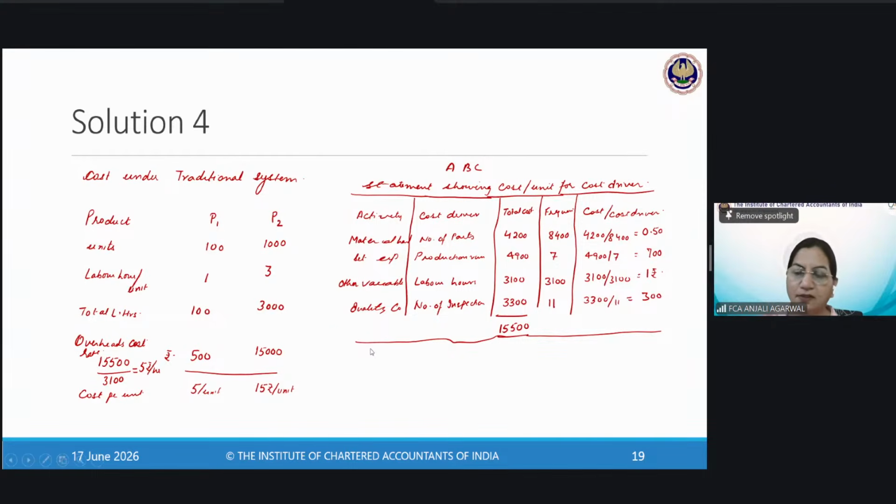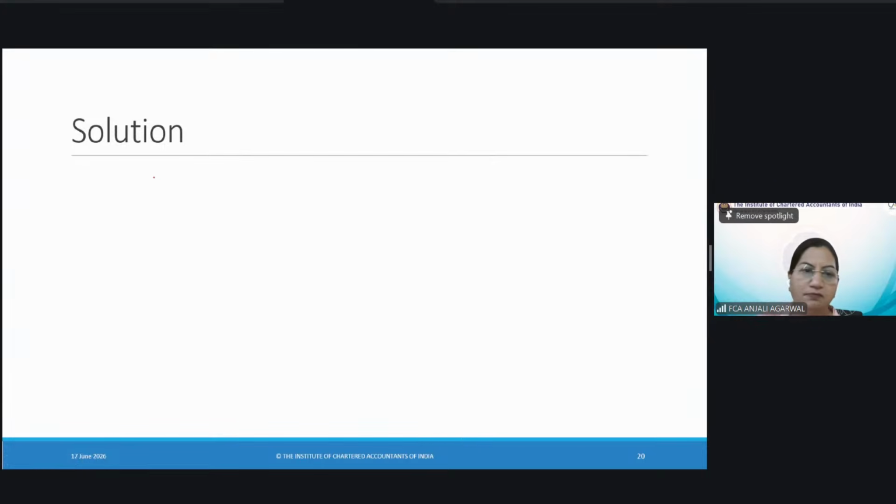Right. Now, statement of cost of products P1 and P2 based on activity-based costing.